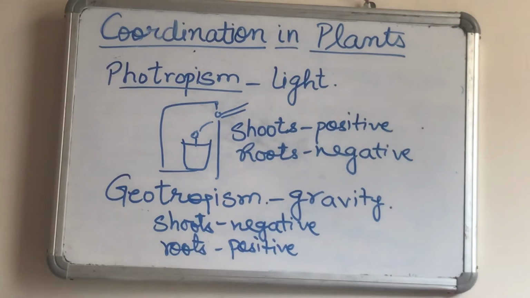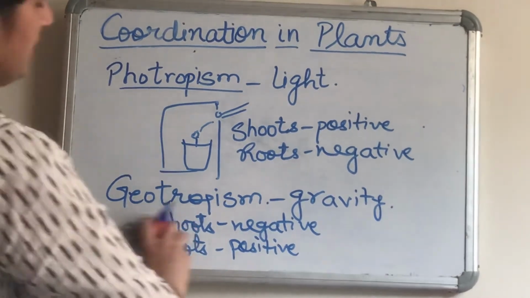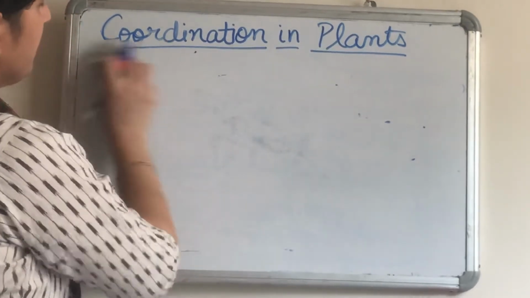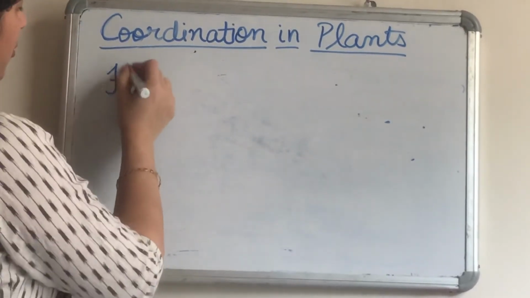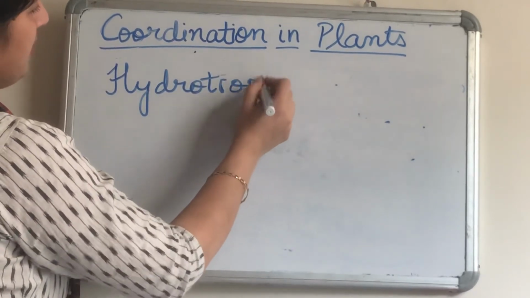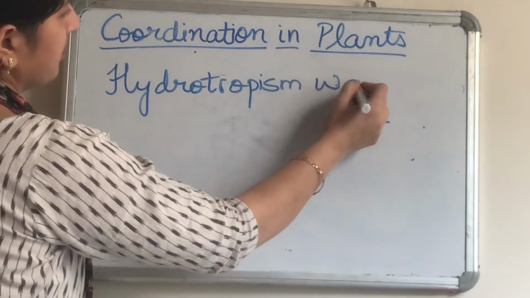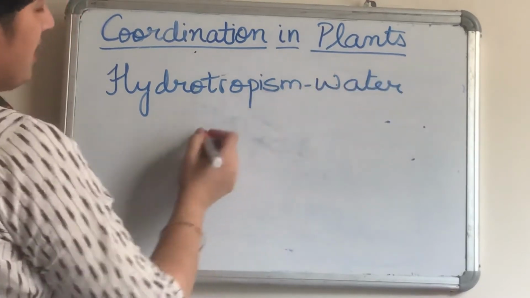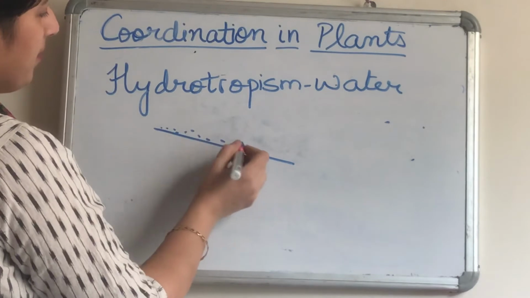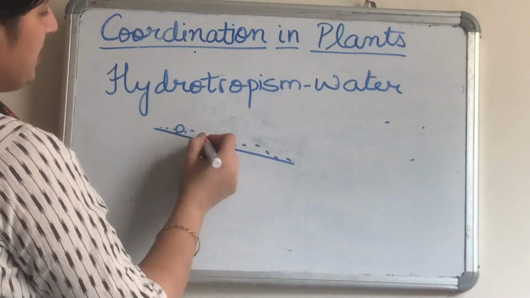Okay. Then the third tropism or the third growth related movement is hydrotropism. Hydrotropism, as the name suggests, is due to water. Now a simple experiment you can do: you take a slanting tray in which you put some soil and then you sow some seeds in it.